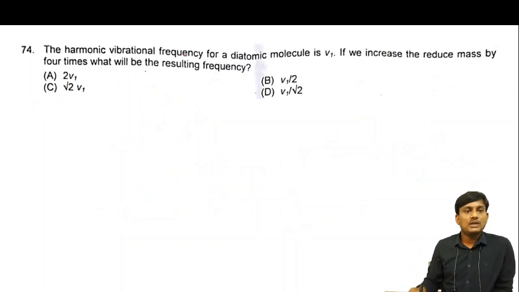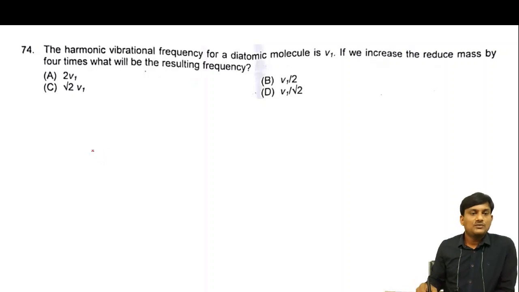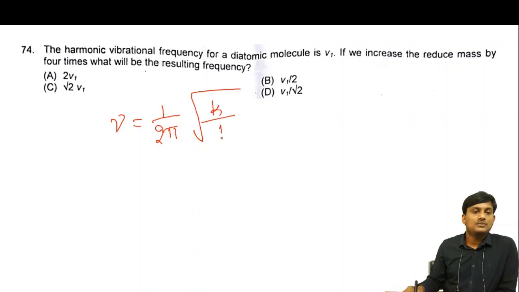The harmonic vibrational frequency for a diatomic molecule is ν1. If we increase the reduced mass by 4 times, what will be the resulting frequency? We know that ν is equal to 1 by 2π root k by μ. Here μ is the reduced mass and k is the force constant.